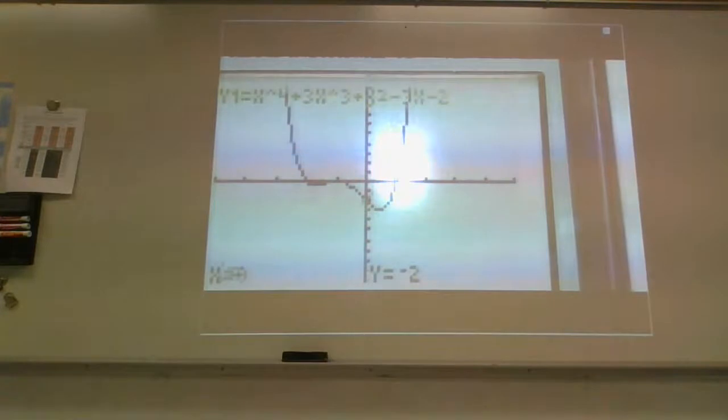Hey, that could work. Name another place where you think it might cross the x-axis. -1. -1 does work. +1 does work.